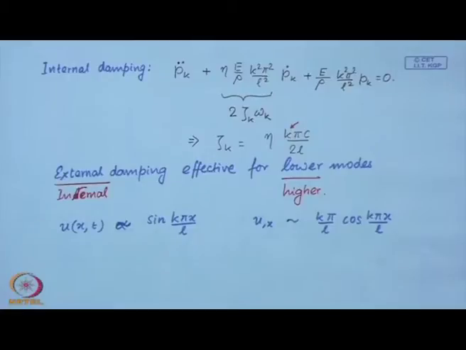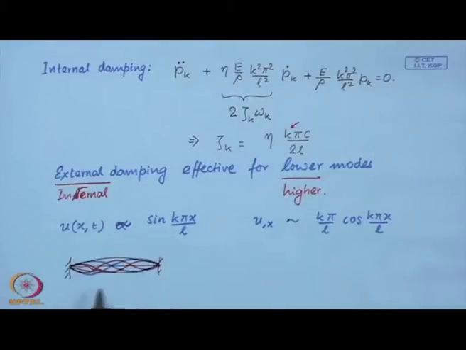On the other hand, if you consider this external damping, if you look at, say for example, the first mode. So, the first mode of the bar or the string looks like this, the second mode looks like this, the third mode looks like this.